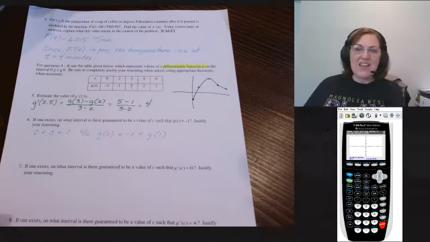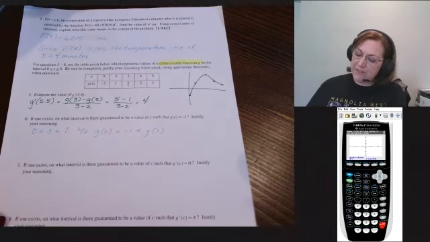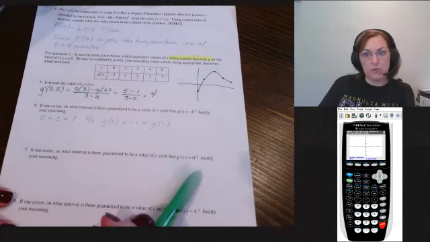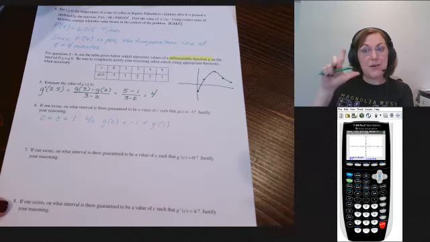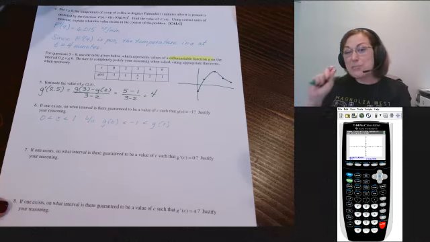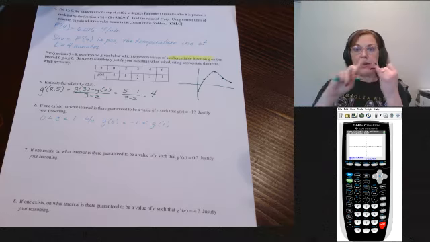All right, friends, thanks for hanging on with me. We've got 2 more here. This one says, if one exists, on what interval would you be guaranteed that the derivative would be equal to 0? Okay, Rolle's theorem and mean value theorem guarantee the derivative equals a number. Rolle specifically guarantees that the derivative is equal to 0. So remember your criteria.